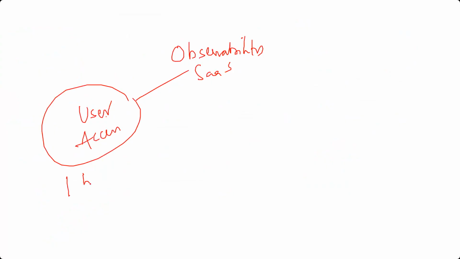If you look at observability as a whole, you can do observability of a SaaS platform from user accesses: who is accessing, weekly active users, daily active users, monthly active users, what pages they are accessing, and how their journeys are.